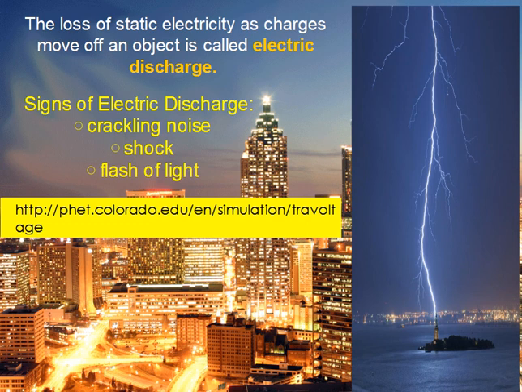This also happens during the winter, if you have a wool blanket or a fuzzy blanket, turn off the lights and then crackle it around. You'll hear the crackle, but you'll also see a lot of flashes of lights. It's really cool. So those are all signs that you've had electric discharge: crackling noise, a shock, and then a flash of light like lightning.